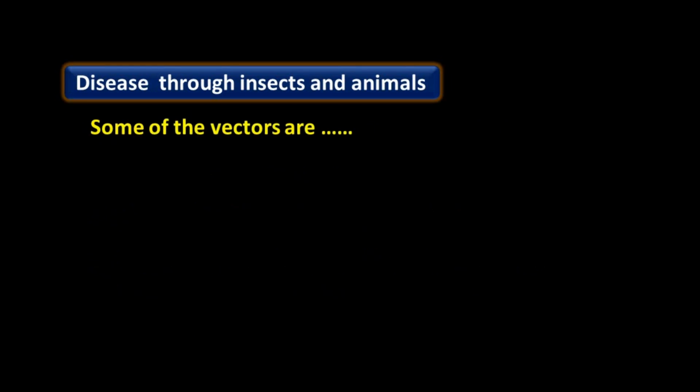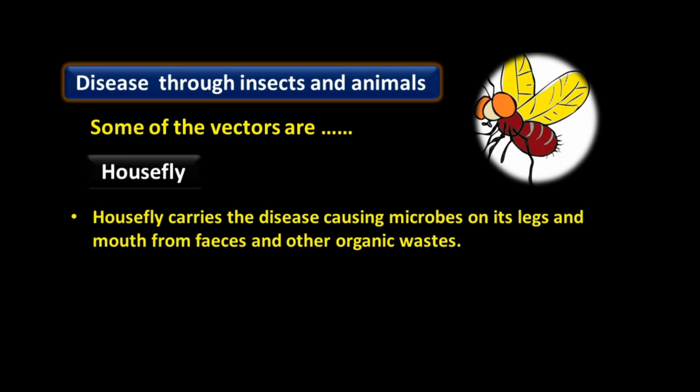Some of the vectors are the housefly. The housefly carries disease causing microbes on its legs and mouth from feces and other organic waste. When they sit on this organic waste, these microbes attach to their legs and mouth and are transferred onto the food. So this insect, the housefly, is a vector.